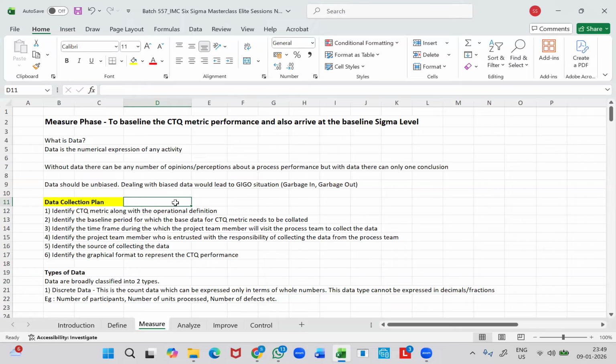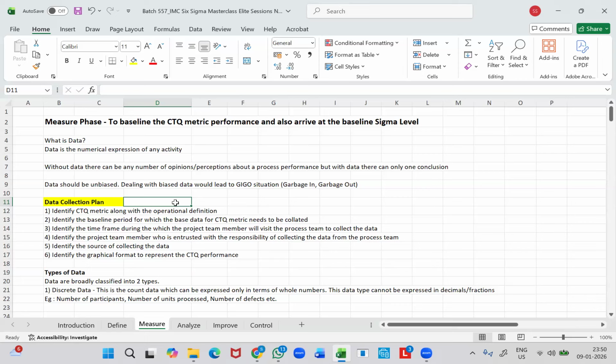We need to remember that the project team may not belong to the process where the business problem has been identified. The project team might actually belong to some other process team, right? It's quite possible.